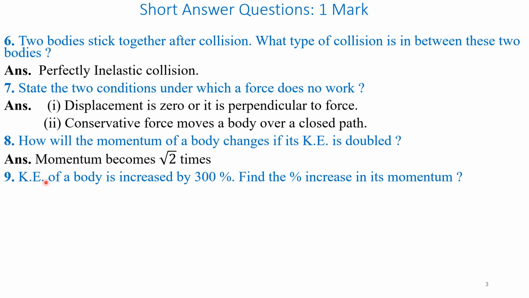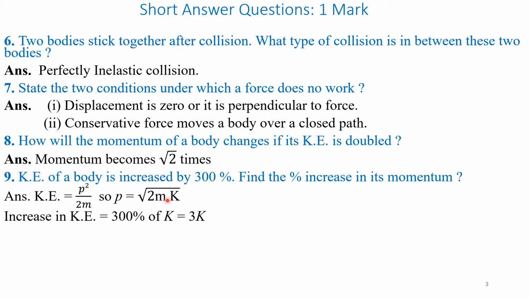Question number 9. Kinetic energy of a body is increased by 300%. Find the percentage increase in its momentum. So kinetic energy is given by KE is equal to P square, momentum square by 2m. Rearranging, P is equal to square root of 2m into K, where K is the kinetic energy and m is the mass.